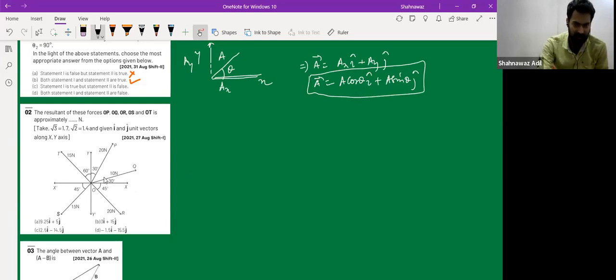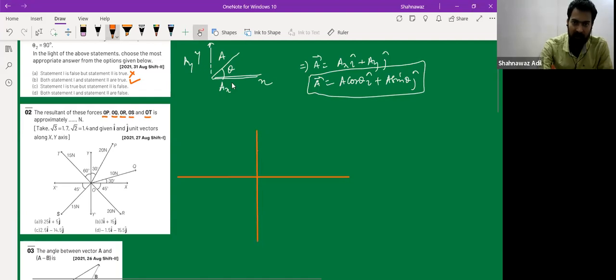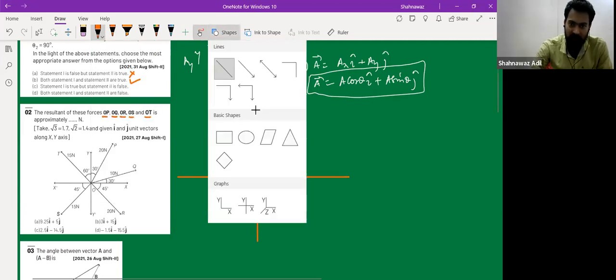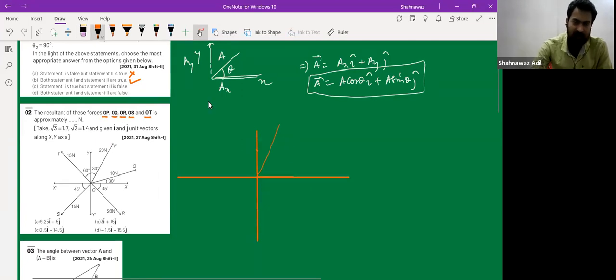Okay, so this horrific looking figure. You have the OP, OQ, OR, OS, and OT vectors. Let me draw this diagram by hand.